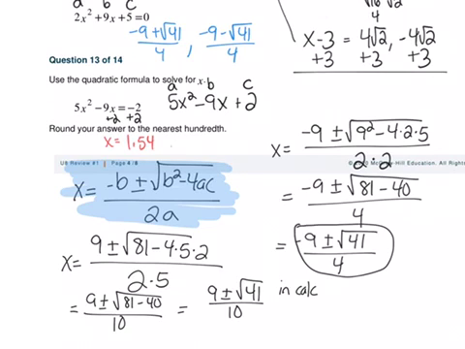You can use the Alex calculator that they provide you to figure these out. And then I'm going to punch in 9 minus the square root of 41, since I have to do the plus and the minus, and divide by 10, and you should get 0.26. And those are your two answers for question 13.